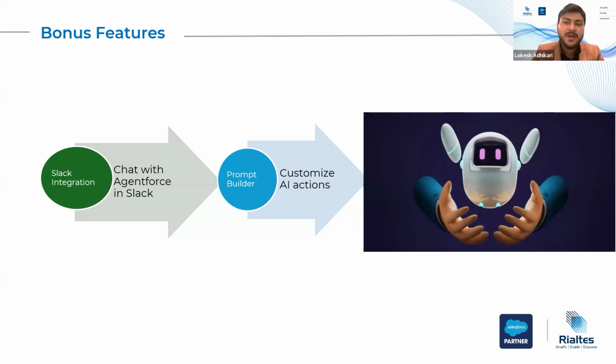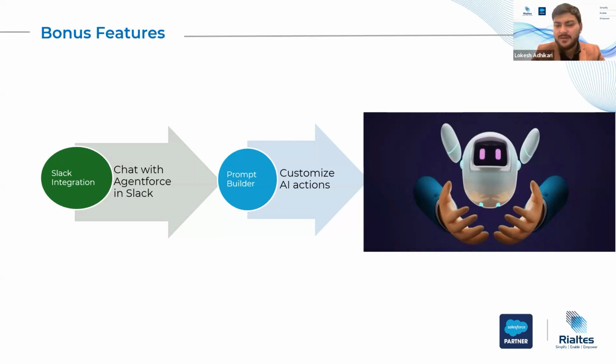Suppose you were on leave and missed some conversations. You can directly ask Agentforce what happened in the last 3 days, and it can generate a whole summary and show it to you in real time. It can draft messages without you leaving your Slack conversation. So now Agentforce is on Slack.